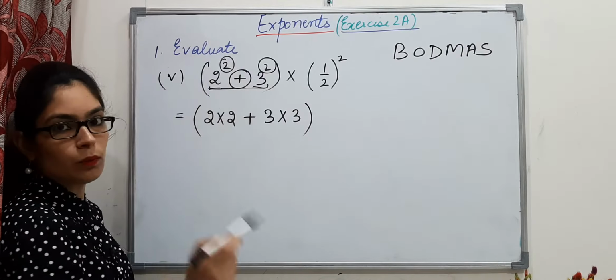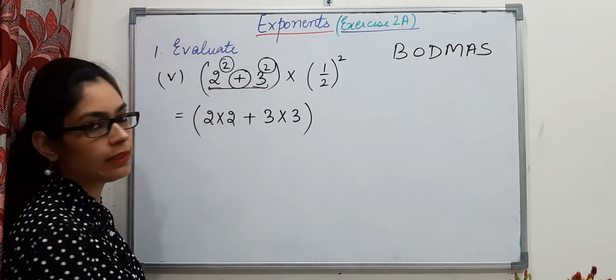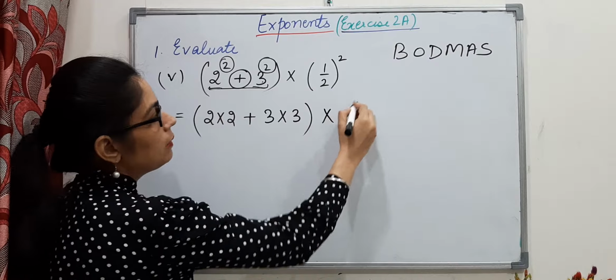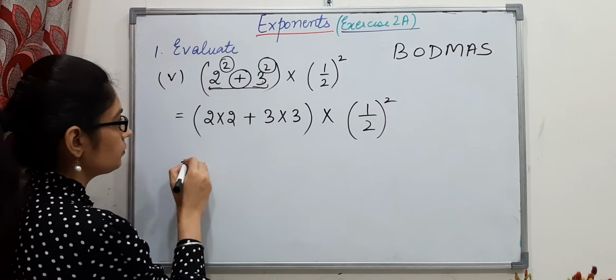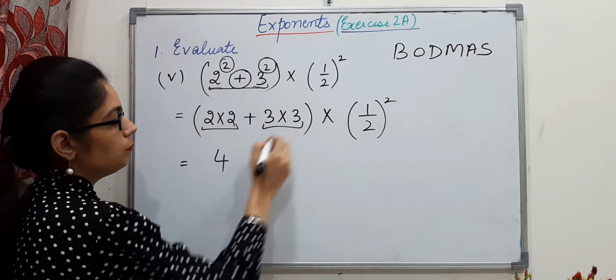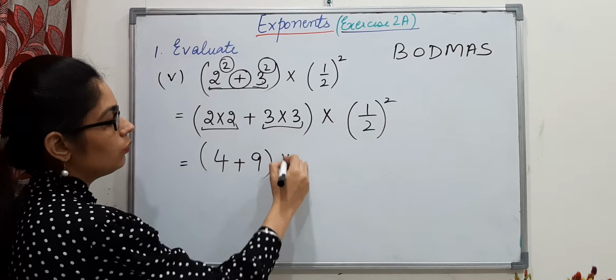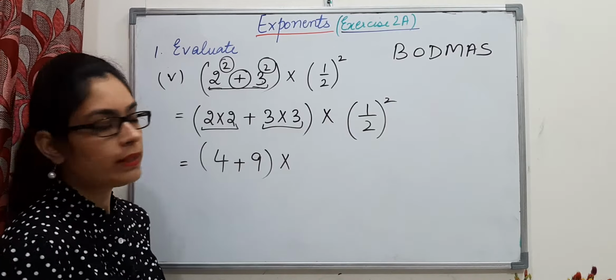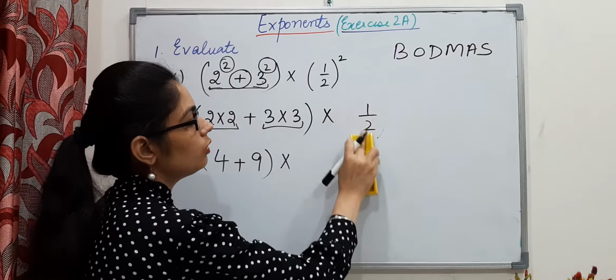2 to the power 2 is 2 into 2 and 3 to the power 2 is 3 into 3, multiplied by (1 by 2) whole power 2. So 2 into 2 is 4, plus, as it is, 3 into 3 is 9, into 1 by 2. Here itself we can change because we have to solve the bracket, so this also we can solve here itself.